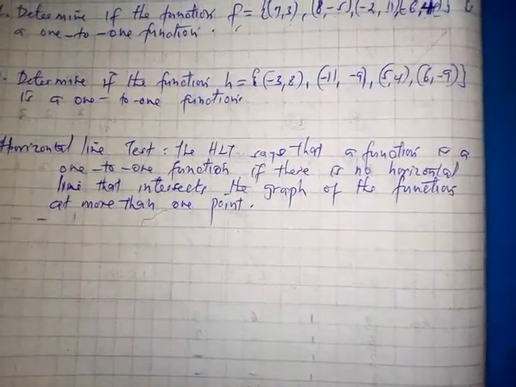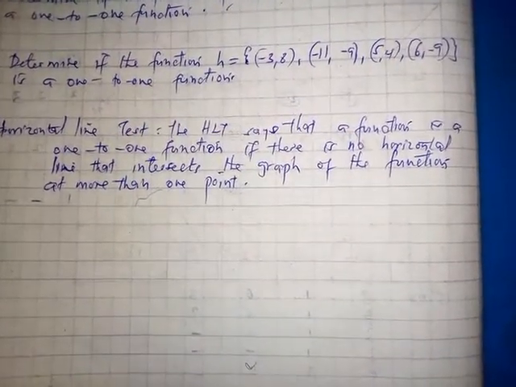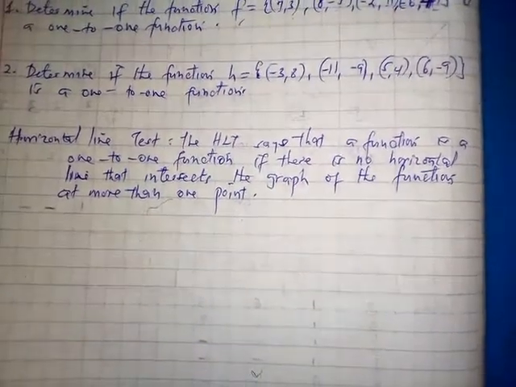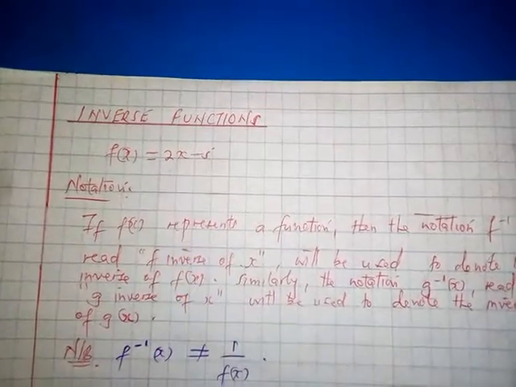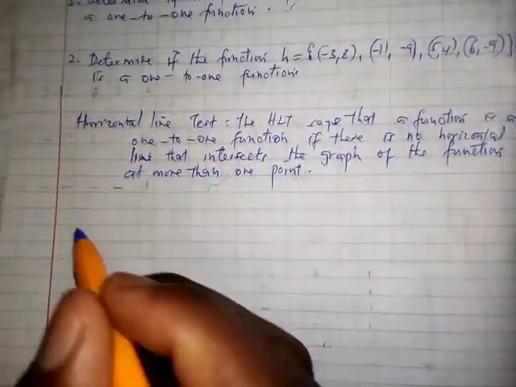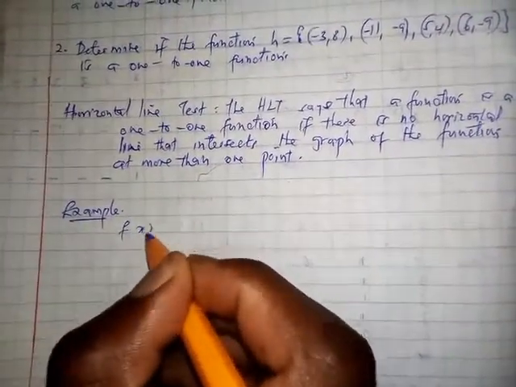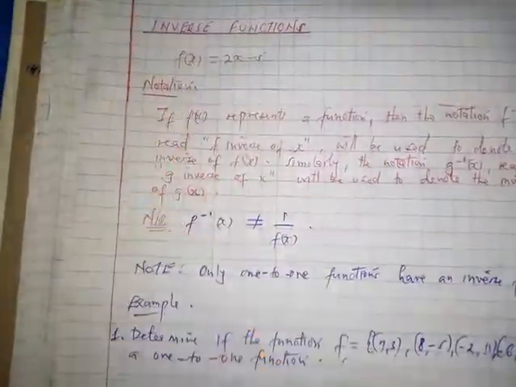Now let's look at an example to help us explain the horizontal line test, and we shall just use our function here, f(x) = 2x - 5. Example: given f(x) = 2x - 5, this function.